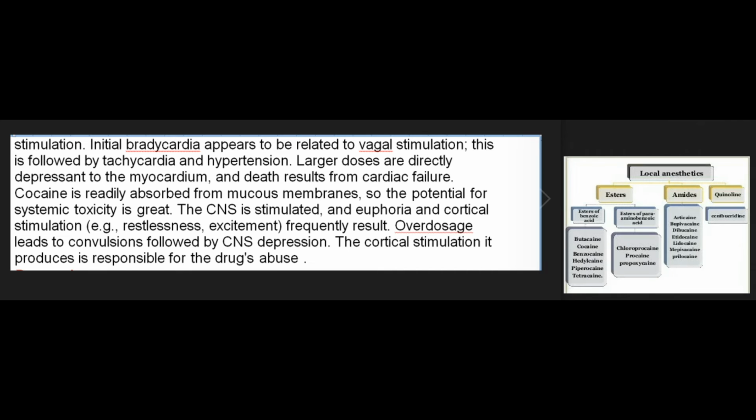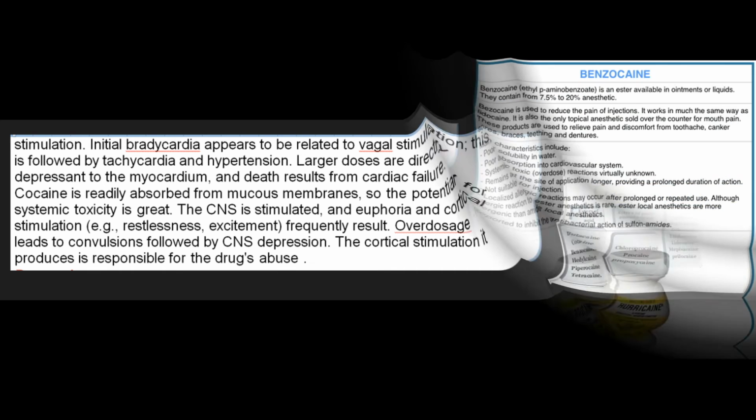Cocaine is readily absorbed from mucous membranes, so the potential for systemic toxicity is great. The CNS is stimulated, and euphoria and cortical stimulation, for example restlessness and excitement, frequently result. Overdosage leads to convulsions followed by CNS depression. The cortical stimulation it produces is responsible for the drug's abuse.